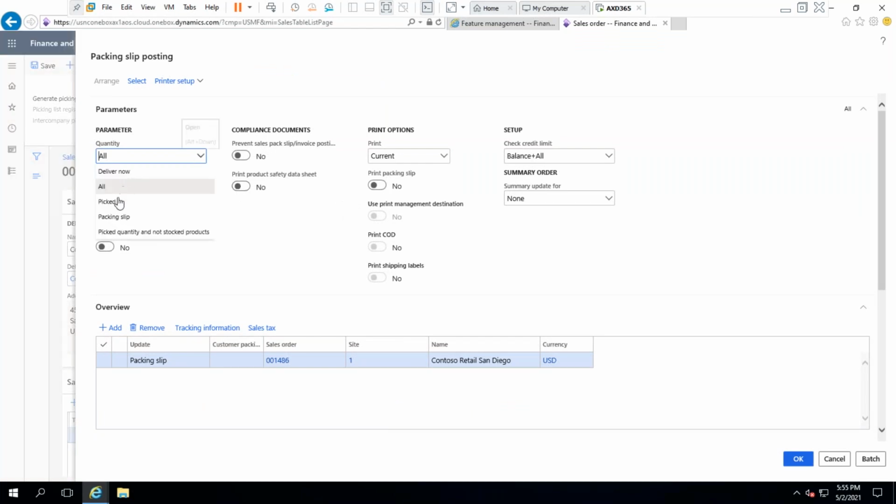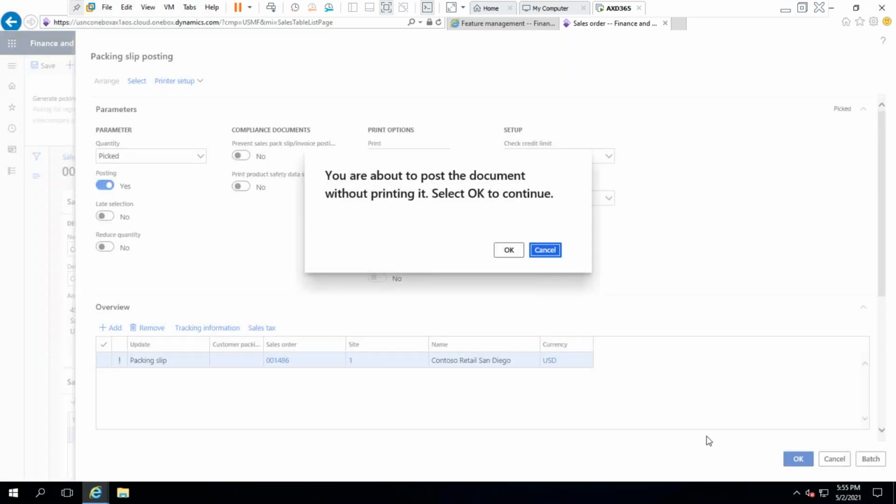If you select picked quantity or deliver now quantity, you may not have observed, there will be an exclamation mark. Without understanding, you have proceeded, click OK, and you will get an error message.